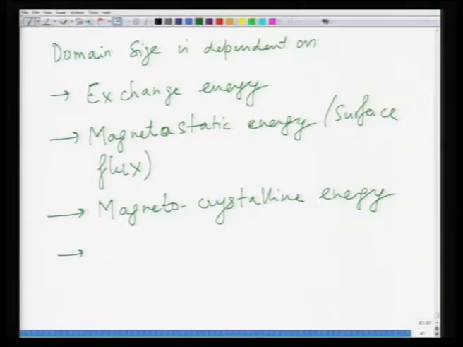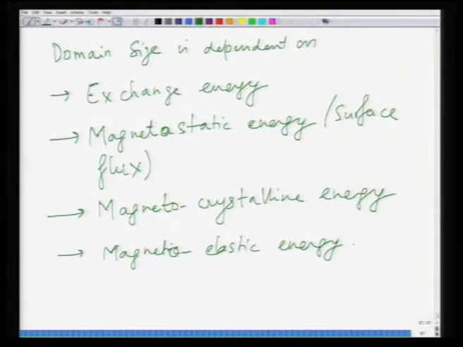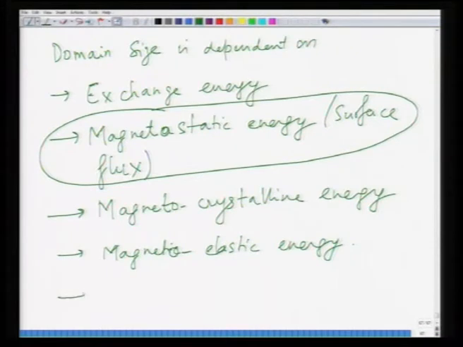And then you have magnetoelastic energy, which is due to changes in the lattice parameter as a result of spin orbit coupling. Both of these are essentially coupling of structural parameters with magnetization. For a given material they are constant, and exchange energy is also fixed. So what is actually varying is this energy, and finally you have domain wall energy.